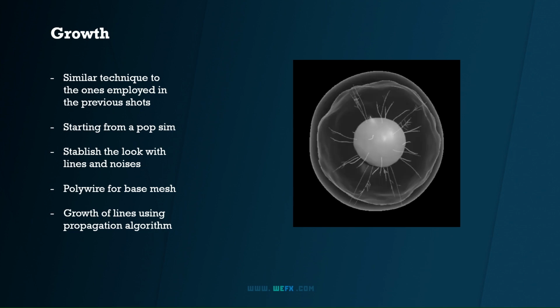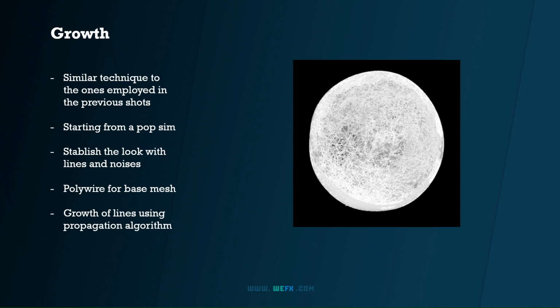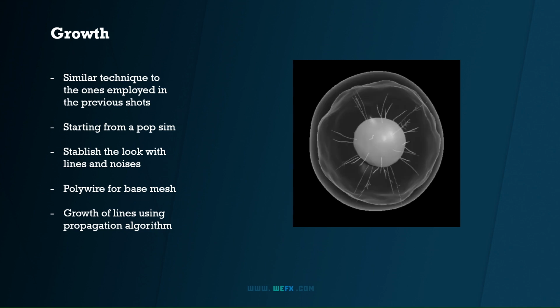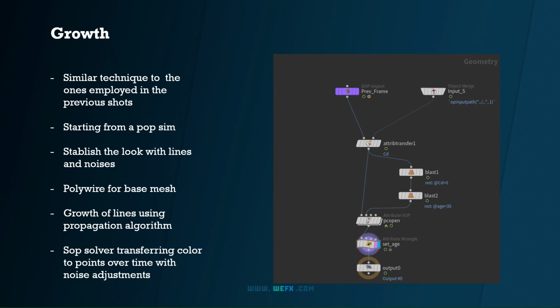It looks at the nearby points and propagates a color, and that allows us to reveal those splines over time using masks. Let's take a look at the solver. That infection happens in the subsolver, based on the color propagation. Then we add some age and do some PC open and PC filtering to mix in some noise, so it's not bland and continuous. By doing so, we can get some nice variations.